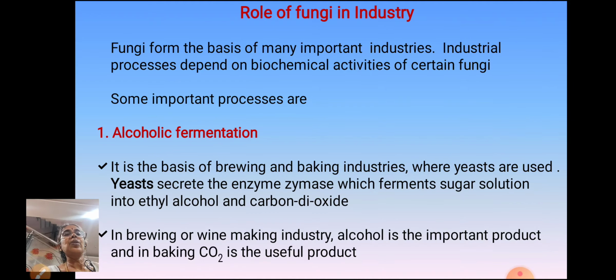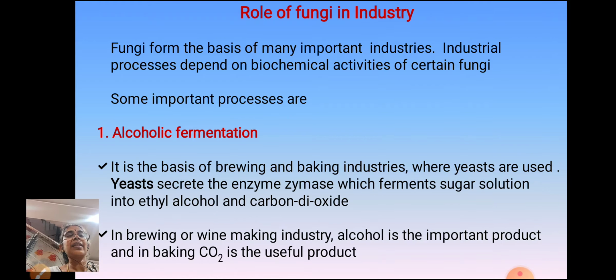Next, coming to the role of fungi in industry. Fungi form the basis of many important industries. Industrial processes depend on biochemical activities of certain fungi. Some important processes are alcoholic fermentation. It is the basis of brewing and baking industries where yeasts are used.